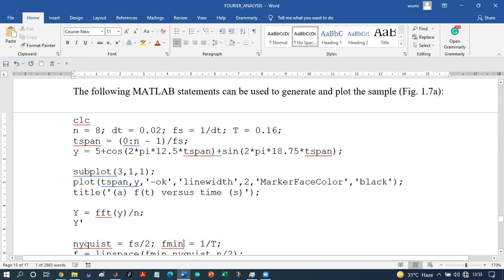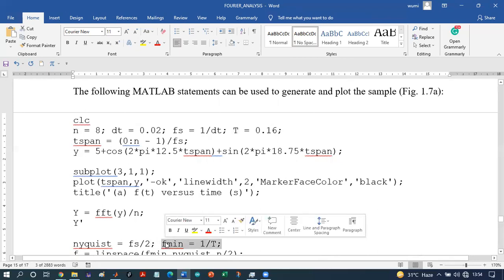Then the minimum detectable frequency we defined as the inverse of the sample length, and remember that we defined T as the sample length. So this is fmin. Like I said, you should be able to calculate it on paper, and you should also be able to write the code. The code is pretty much straightforward.